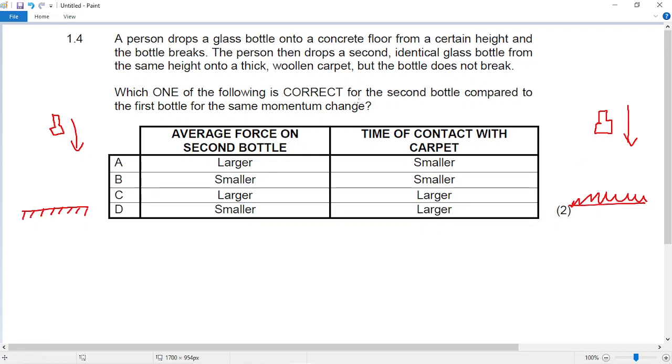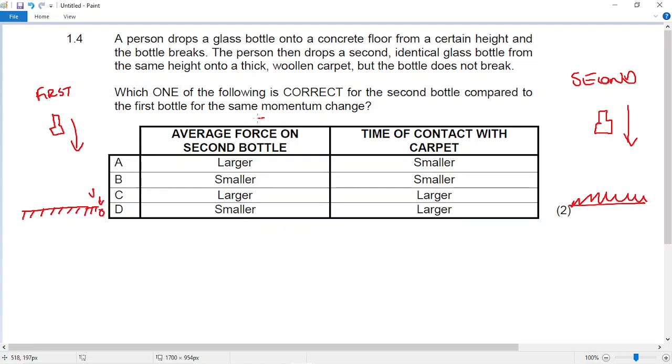Which one of the following is correct for the second bottle compared to the first bottle for the same momentum change? Okay, so what is happening here when the bottle hits the floor? As the bottle hits the floor, it goes from some v to, when it's on the floor, 0.